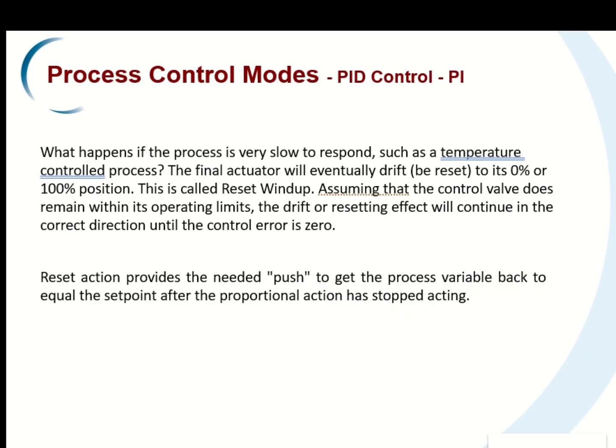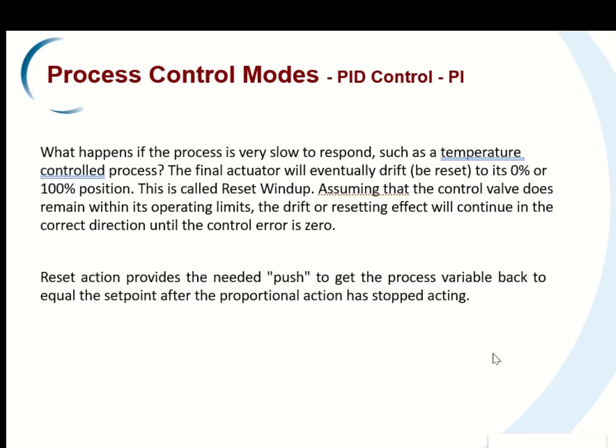So what happens if the process is very slow to respond, such as a temperature control process? The final actuator will eventually be reset to its 0% or 100% position. This is called reset windup. Assuming that the control valve does remain within its operating limit, the drift or the resetting effect will continue in the correct direction until the control error is 0.